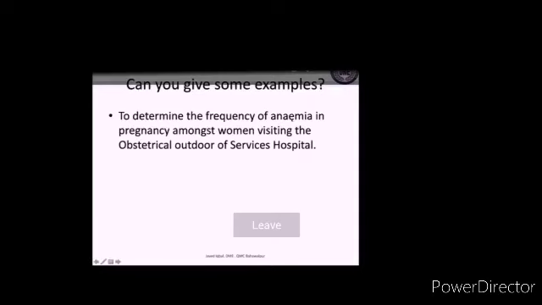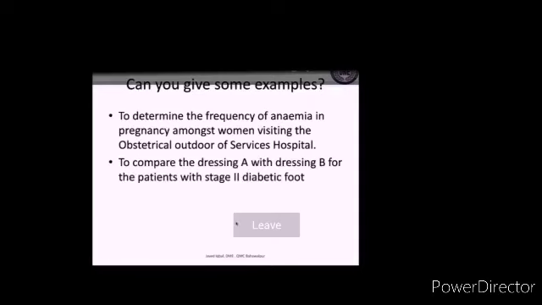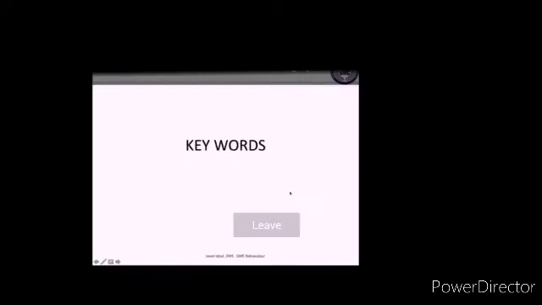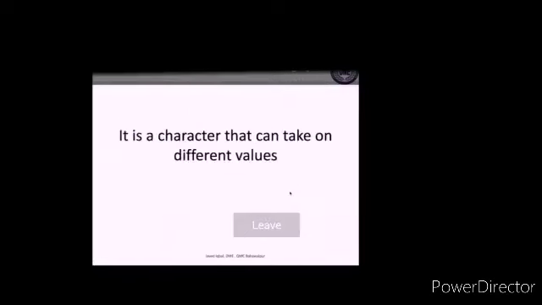Hemoglobin will be a variable, and the other variable: with dressing A, patients stay in hospital for 3 days, and with B the average stay is 5 days. So that will be the variable, right? To make the story short, variables are characters that can take different values.